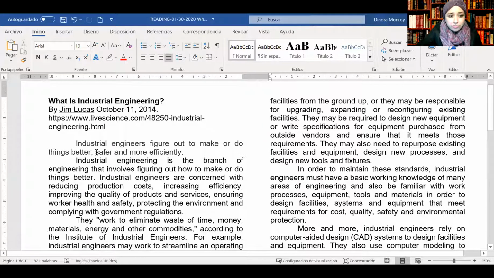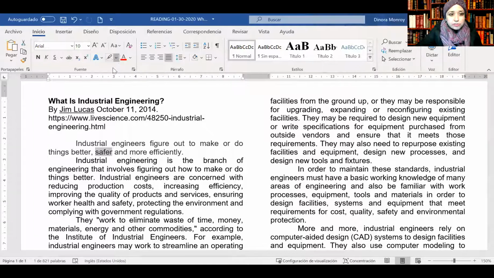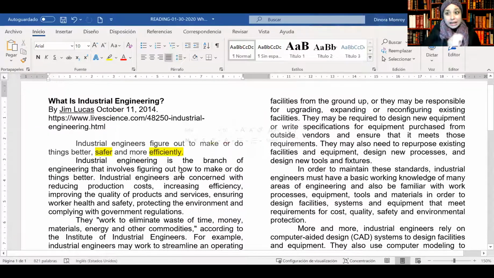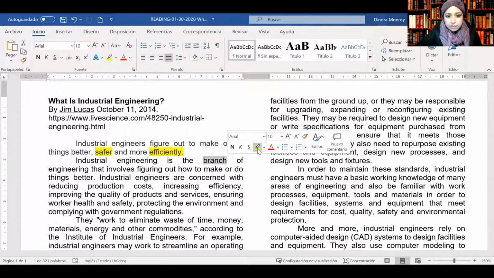Maybe you forgot the meaning of this word. If you don't remember what the meaning of efficiently is, highlight the word. "Industrial engineering is the branch of engineering." Maybe you don't know what branch means here.